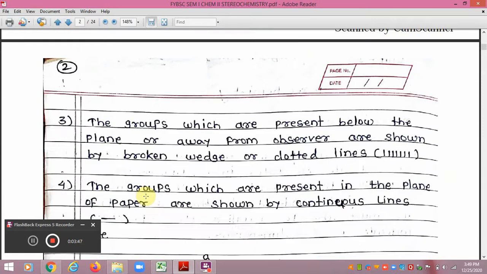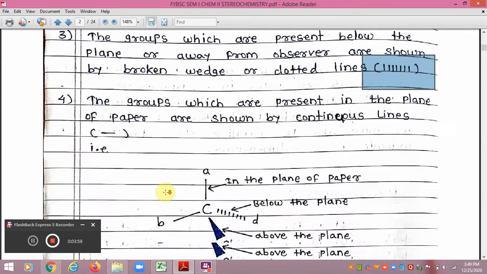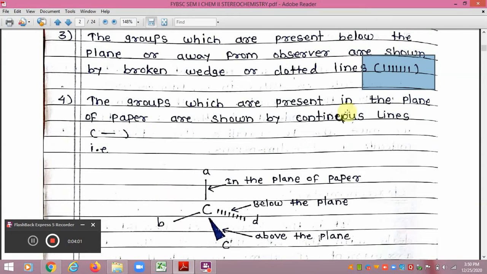This is important according to this method. The groups which are present below the plane or away from the observer are always shown by means of dotted or dashed lines, while the groups which are present in the plane of the paper are always shown by means of a continuous line. Dear friends, definitely these are the rules.